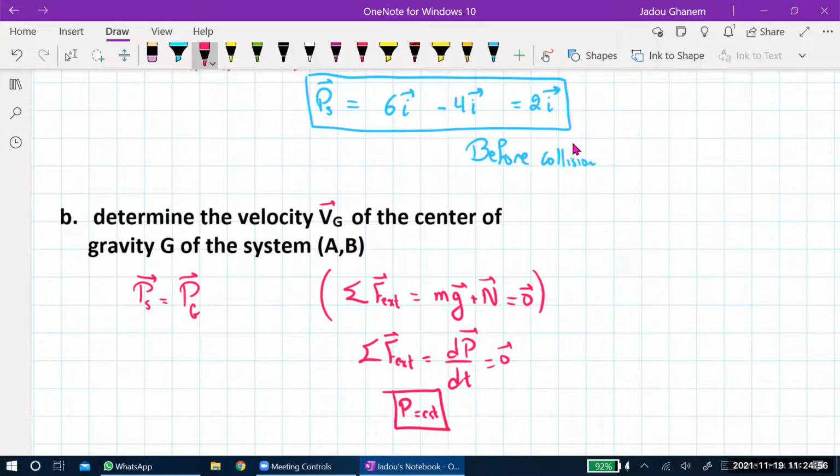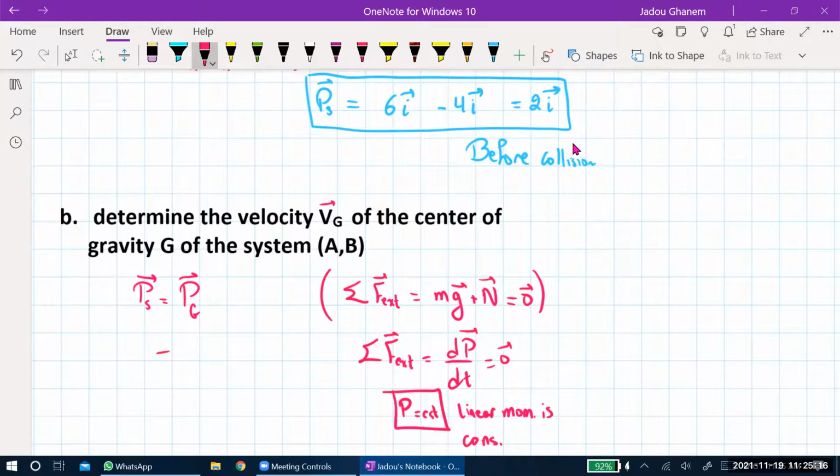So now we can say that linear momentum is conserved. That's the way we can always prove that the system is isolated and the linear momentum is conserved. Let's go backwards.